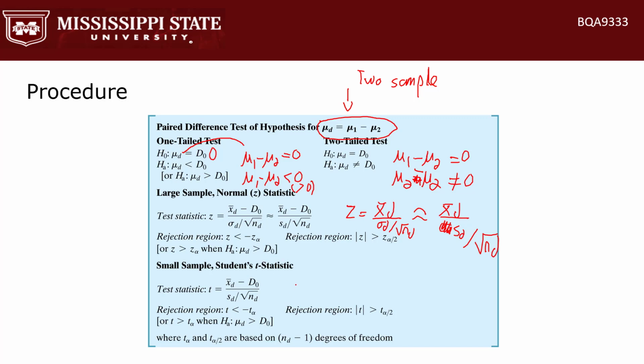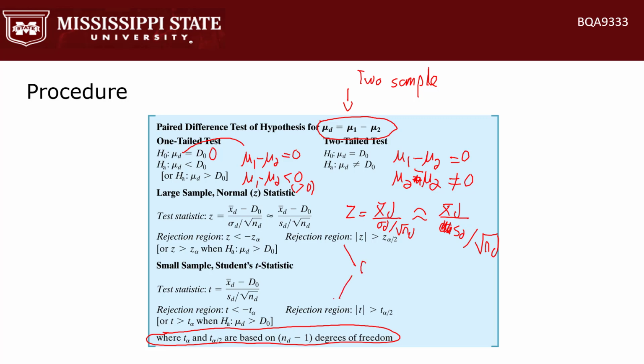And then the small sample is equivalent. And again, exactly the same as the single sample test. But the key is, again, we have n minus 1 degrees of freedom. So again, the x bar d divided by s over root nd. And rejection regions are exactly the same as for the single sample test.